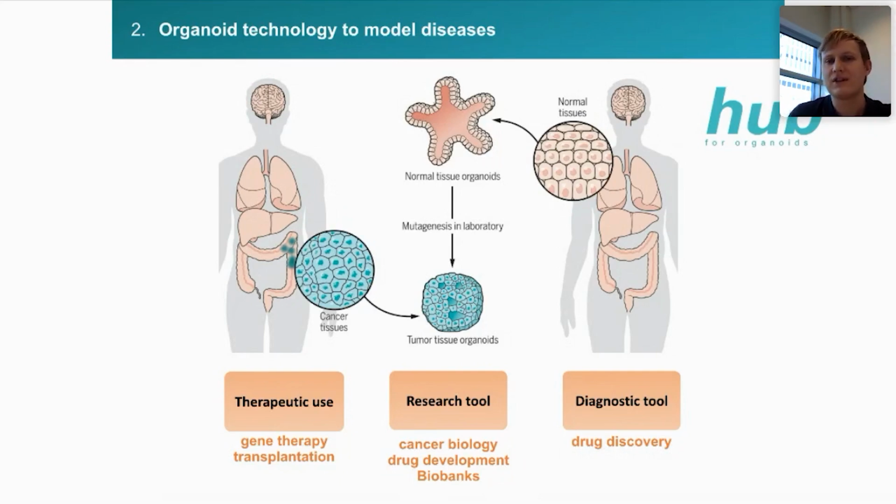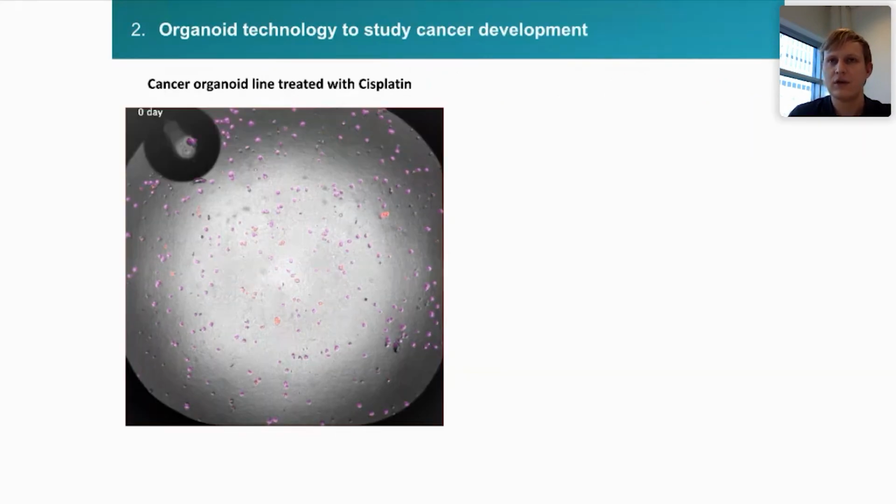And what does such an assay look like? I just want to show you one example here. This is an imaging-based assay that we are working on and establishing right now, where we have very basic imaging in combination with machine learning algorithms that automatically track organoids seeded on an imaging plate.